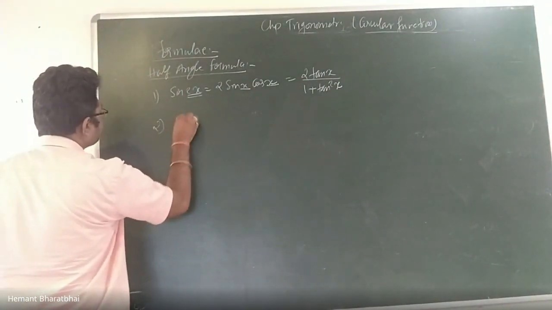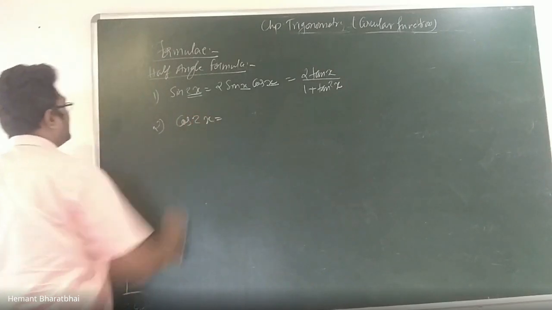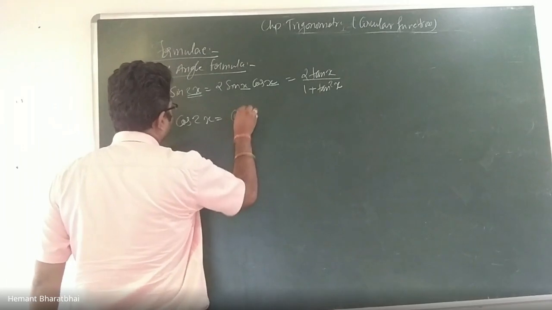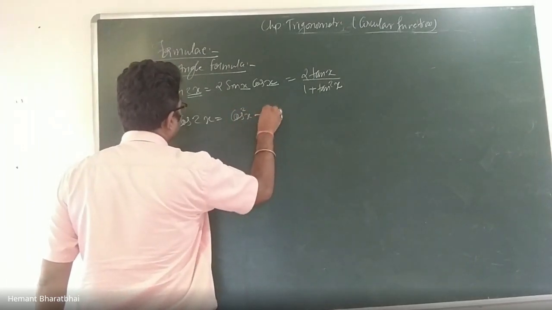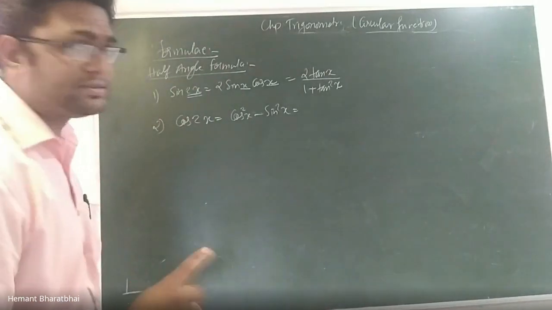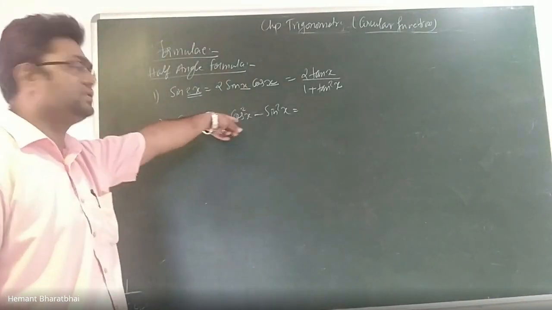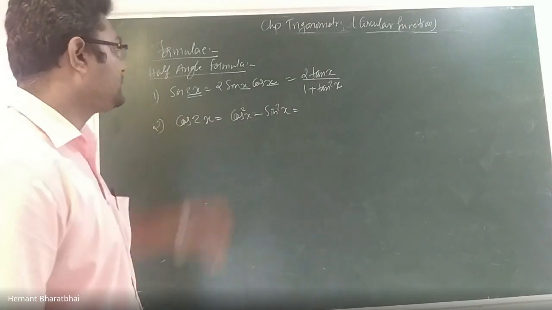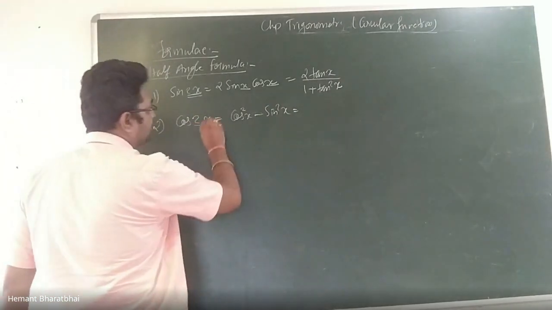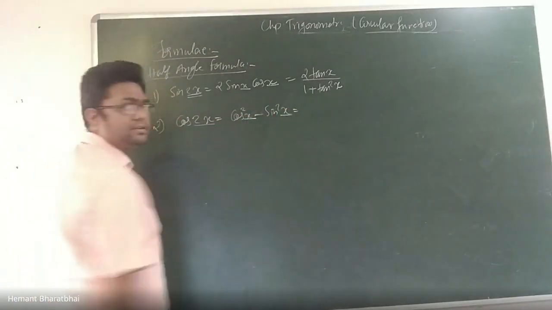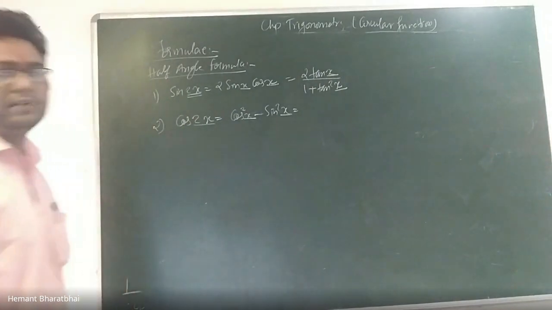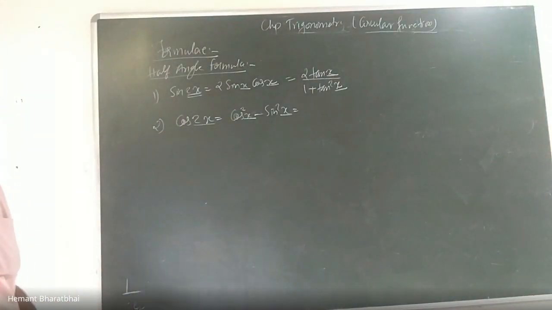Next, the formula for cos 2x. cos 2x can be written as cos square x minus sin square x. You had an identity sin square x plus cos square x; it was not minus. Again, if you pay attention, the angle is 2x on the left and I have written x and x on the right, and that is why I like to call it a half angle formula.